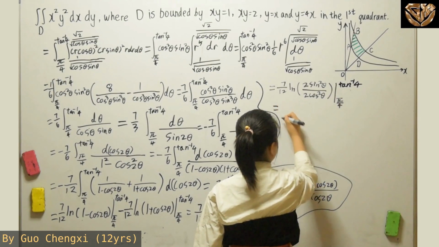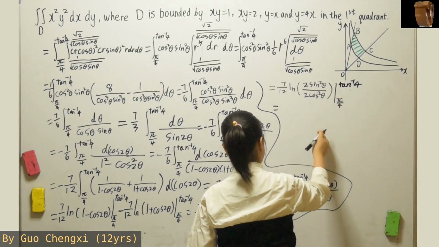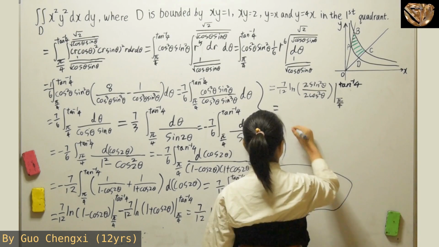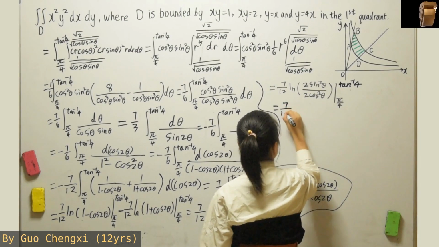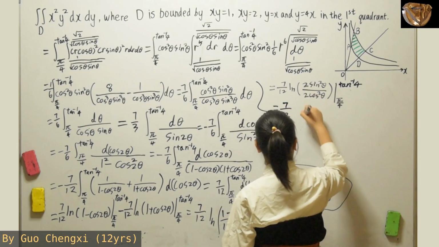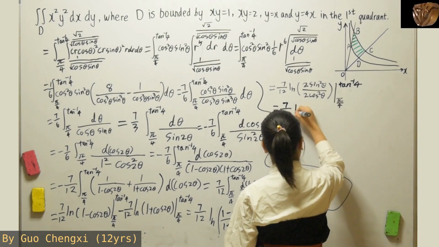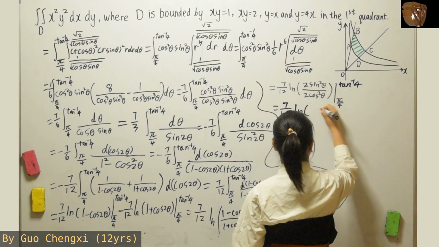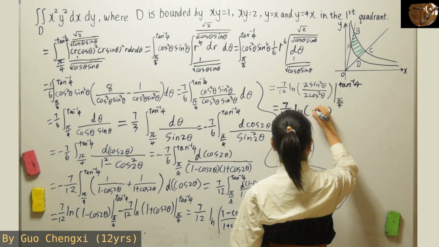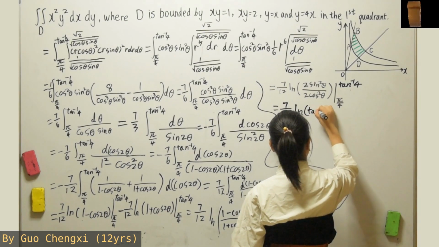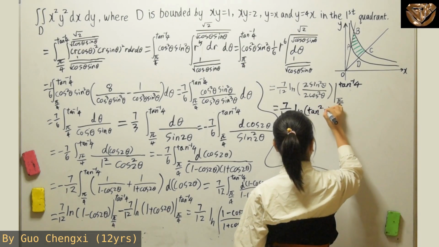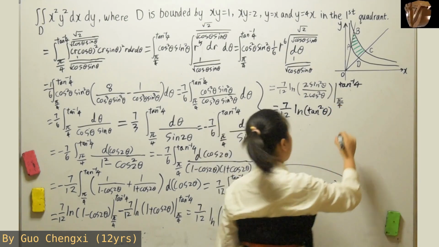Now the 2 and the 2 will cancel each other out, and you'll have tangent square theta.